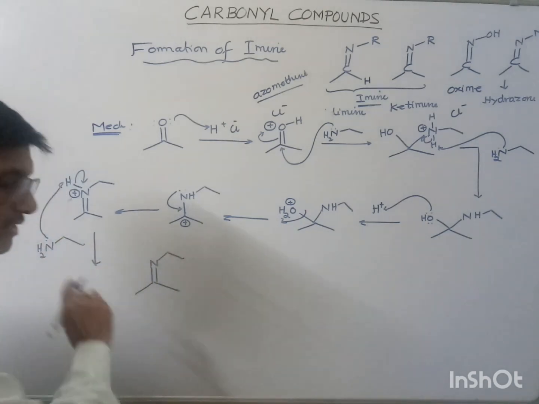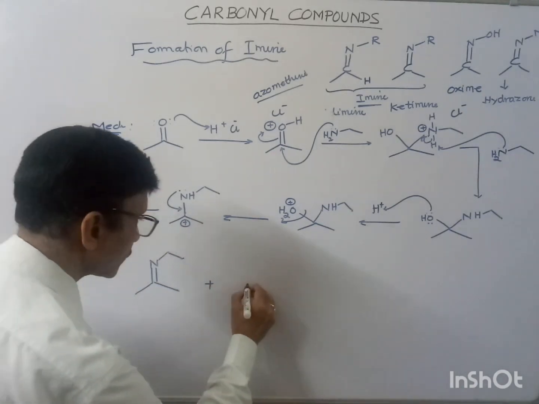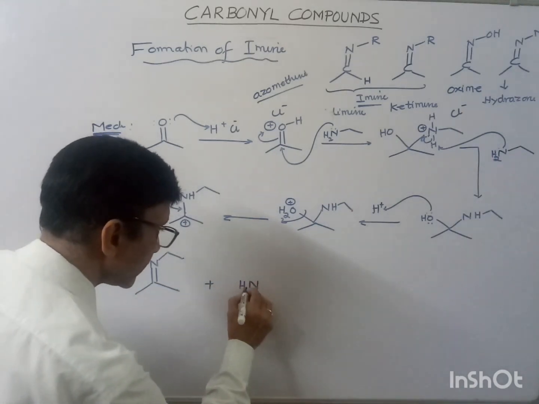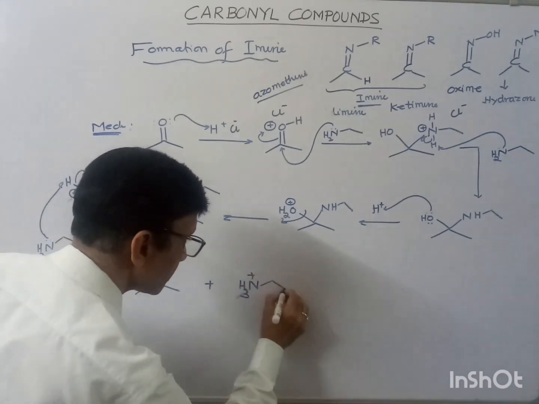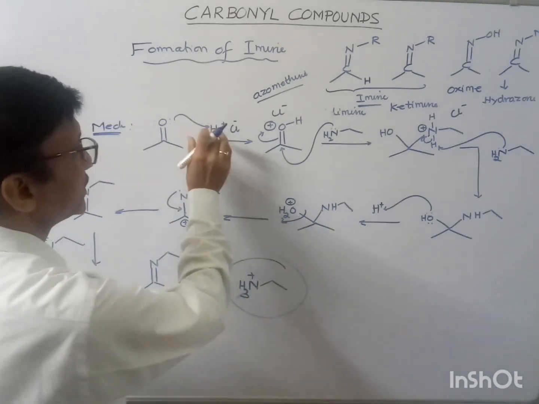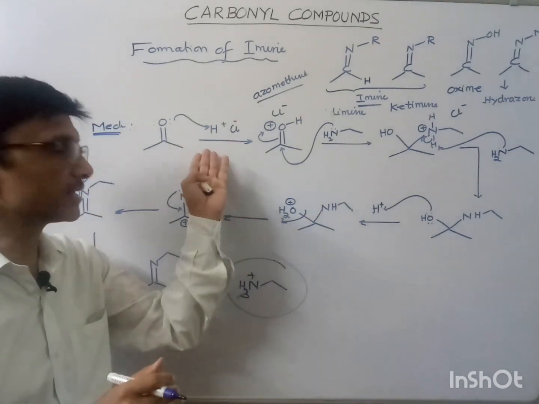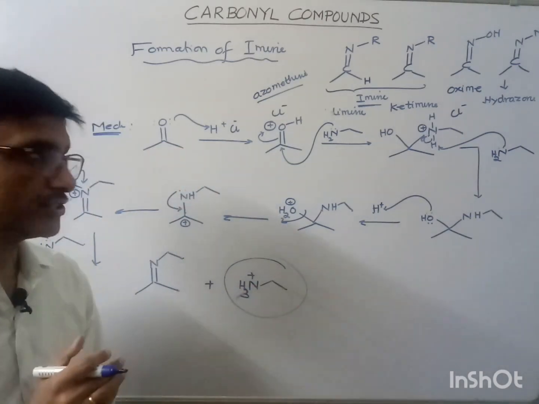So imine is formed in this way, and as you can see, we have also got NH3 plus, or we can say the acid is again, here, catalytic. So this is an acid catalyzed reaction. At the last, the acid is regenerated.